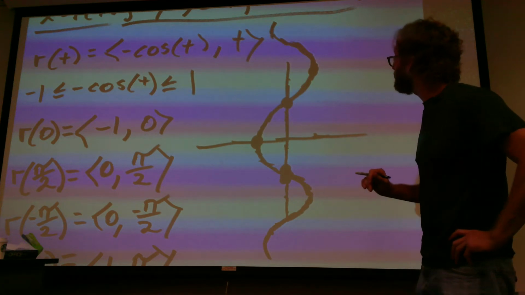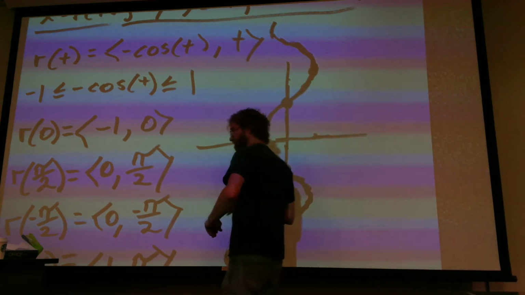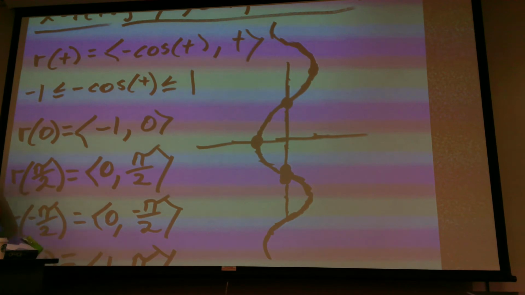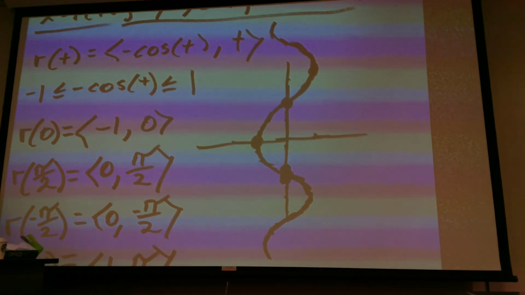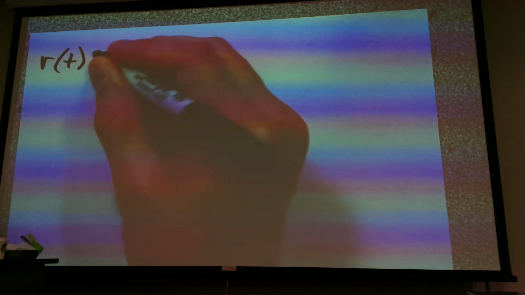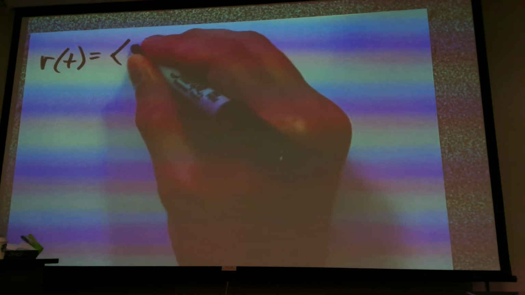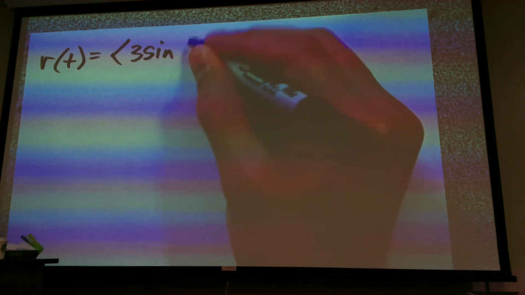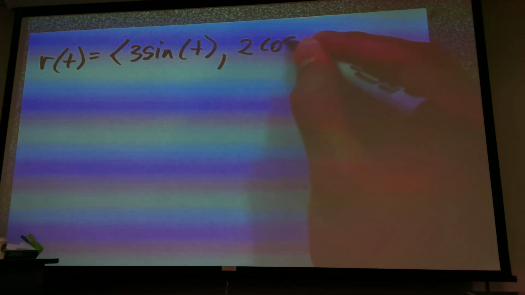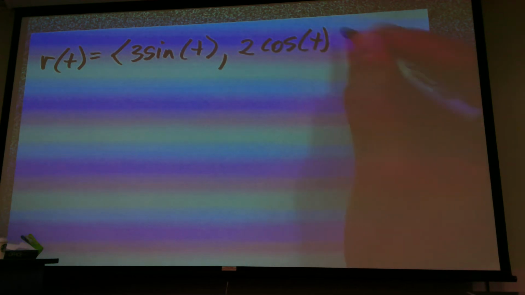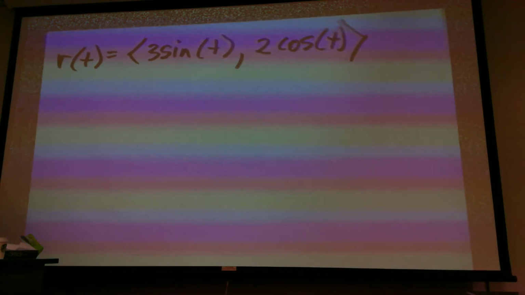Okay. All right, let's try another one. Let's say r of t is going to equal 3 sine of t, 2 cosine of t.